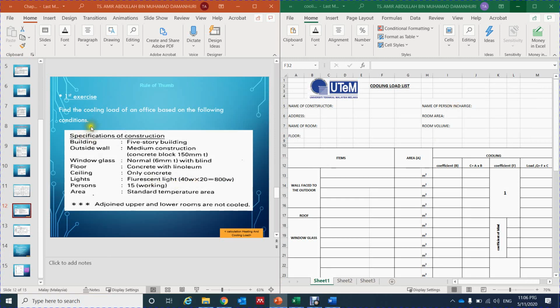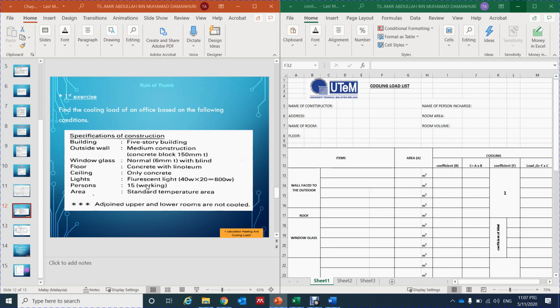So now we begin with the example here. So this is the example. We have to find the cooling load of an office based on the following condition. So usually the specification of construction of the building or a space will be given in the question, in case it appears in your midterm or your final exam, and of course this will appear in your final exam. So for example, the specification of the construction for the building.